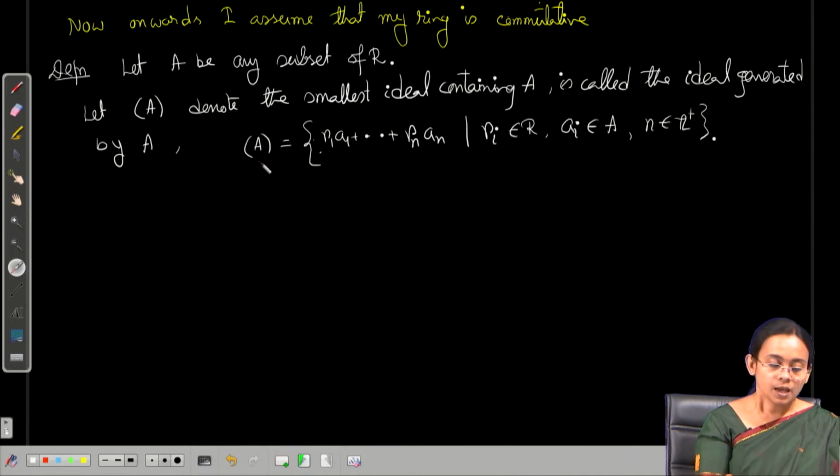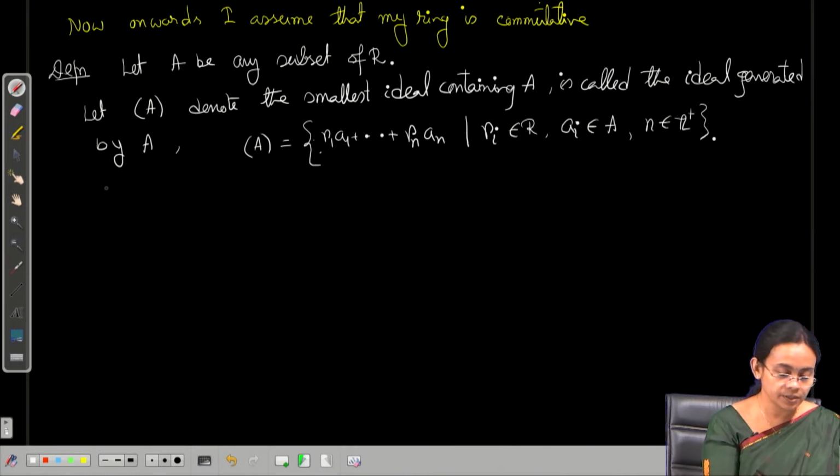Now, if I assume that this subset A has only one element, in that case the ideal is generated by a single element.